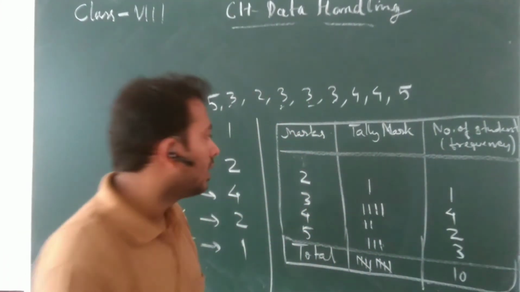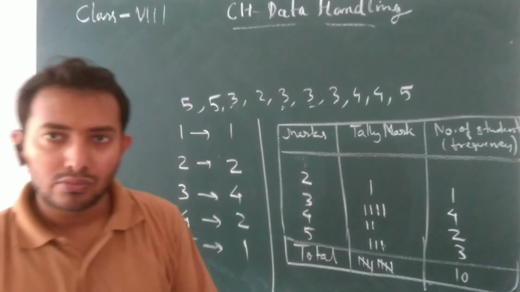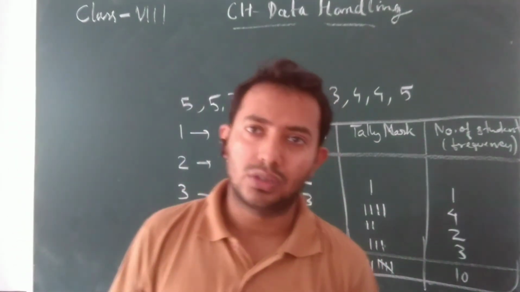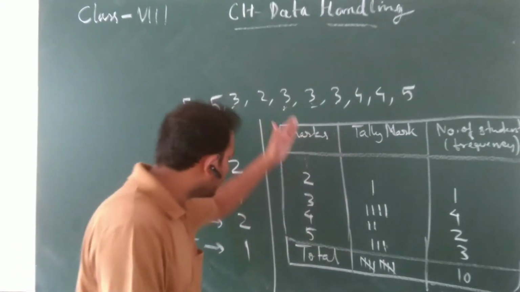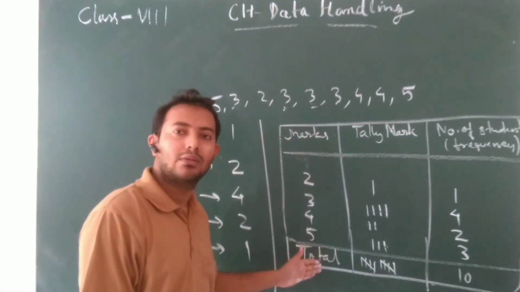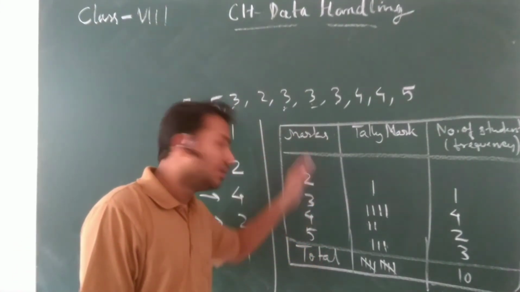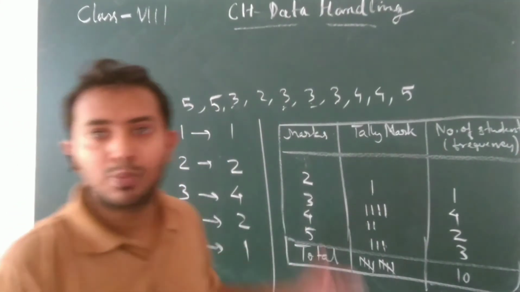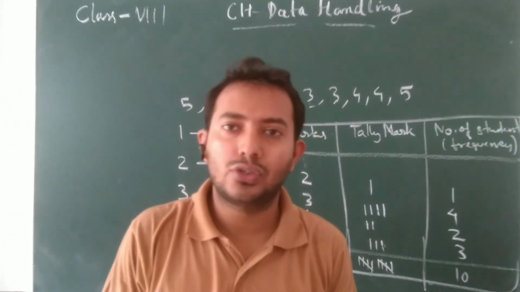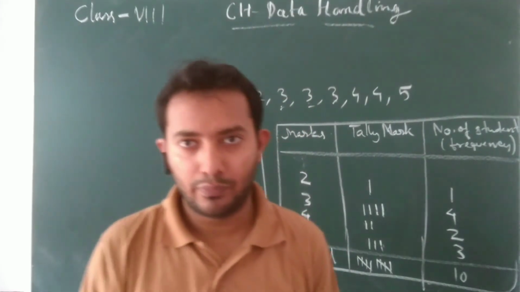Many students may get 20, 30, 40, 60, 60.5, any marks. If I take 100 data here, it will take lots of time and lots of space also. In that case, we'll keep it in groups.